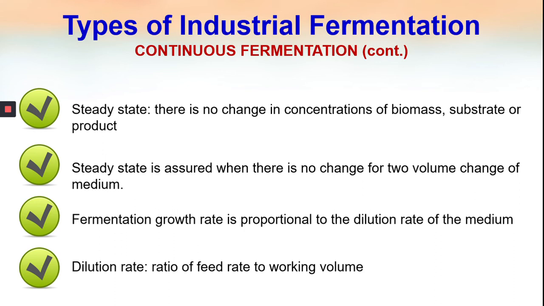Whenever the cell receives fresh medium at interval time, we can prolong the exponential phase. Besides that, we also control the pH inside the medium tank. Hence, continuous fermentation will produce a stable and steady state of fermentation.